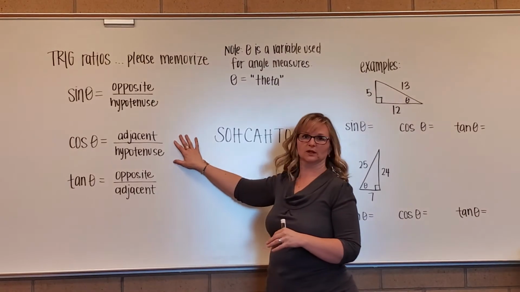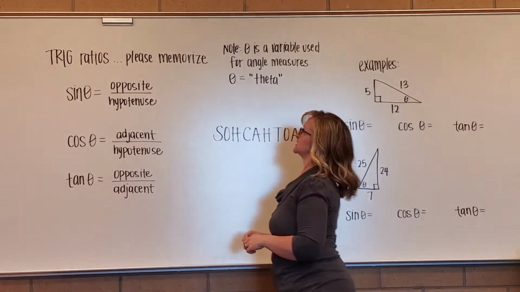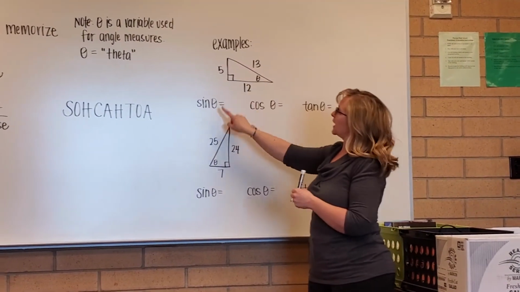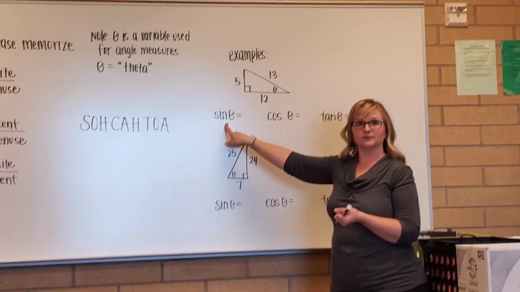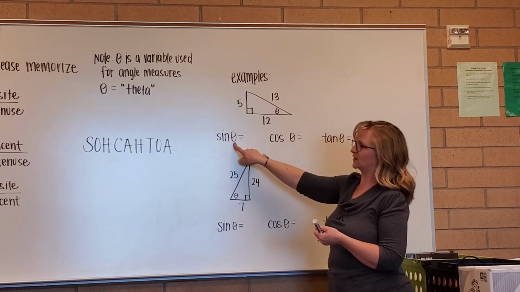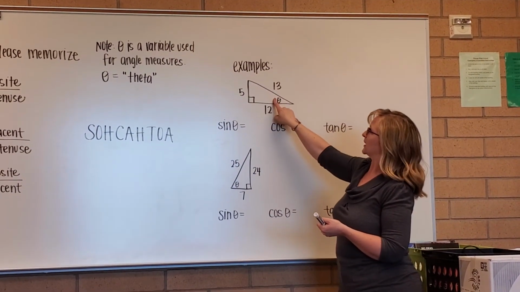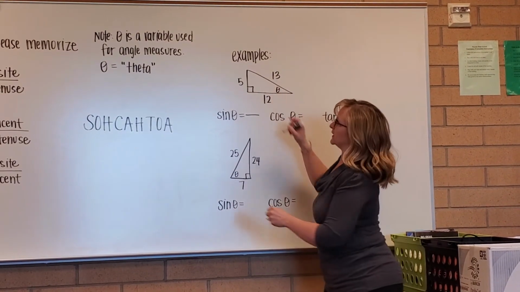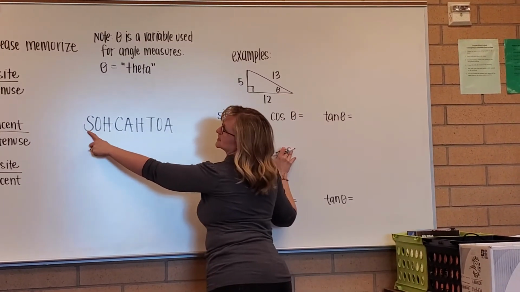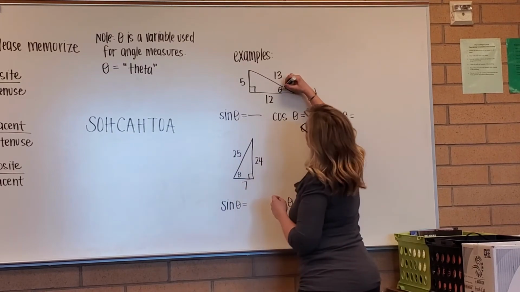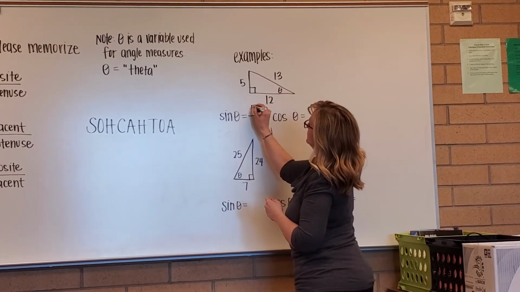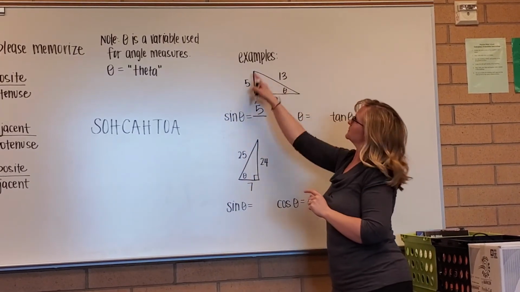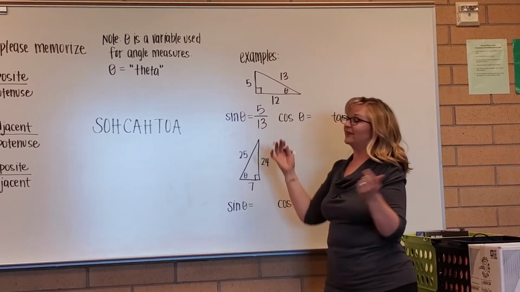And let me just show you really quick what it looks like when you're doing your assignment today. If I'm given this particular triangle, I will be asked to find things like this. If I'm asked to find the sine of angle theta, then I'm going to go from angle theta and find the opposite side, because I'm using sine, so I want the opposite side from theta, which is 5, over the hypotenuse. The hypotenuse of this triangle is 13, and that is my answer.